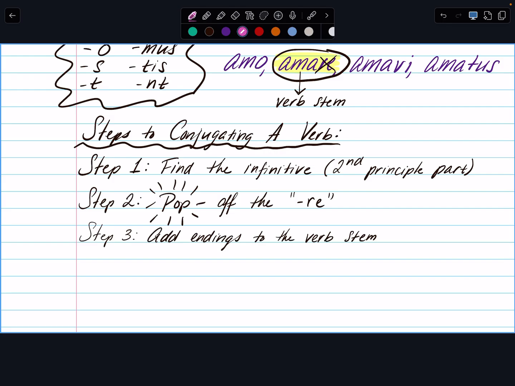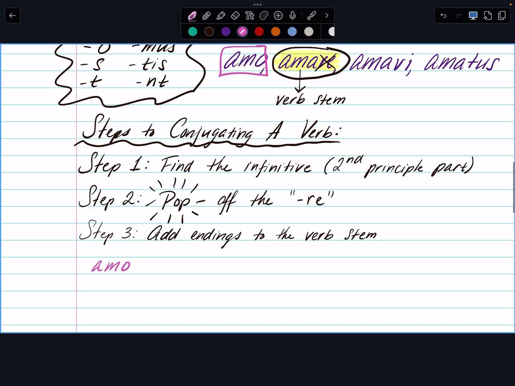They actually give you the present, I love, right? It's the first principal part. It means I love. So you're not going to use your stem here. It's not amao, it's just amo.